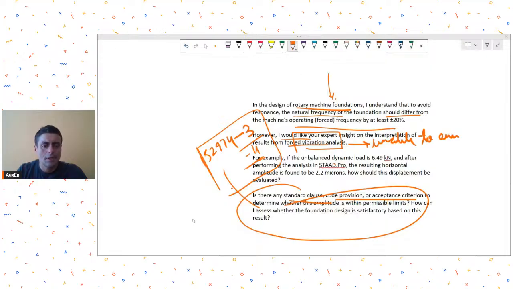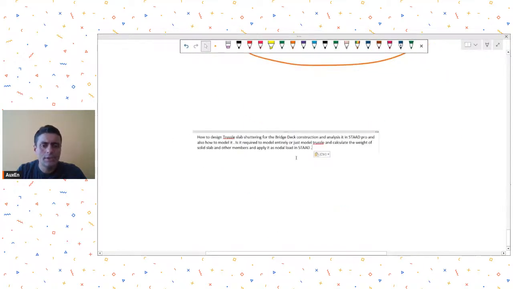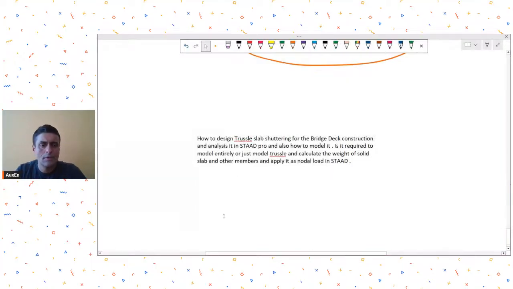Okay. The next question is by engineer Nikunj. He is joining us from Latur, Maharashtra. How to design trestle slab shuttering, and he has shared some images. Let me put his question first, and then I'll take some photographs that he has shared.